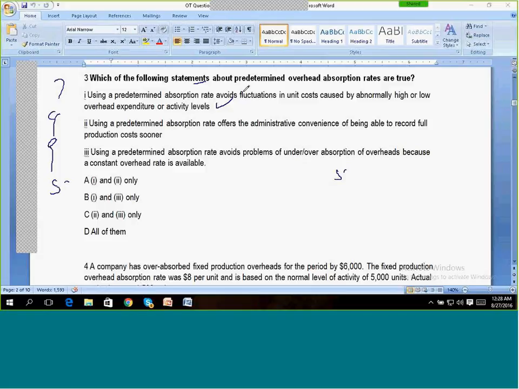So you produce 10,000 units, and because we can take the predetermined overhead rate, we can record the cost straight away to the cost of sales. Otherwise, we have to wait till everything is done. That will be very, very late. So it can be done sooner. And number 2 is right. Number 3: a predetermined absorption rate avoids the problem of under or over absorption because a constant overhead is available. What do you think of that? You think it's wrong?